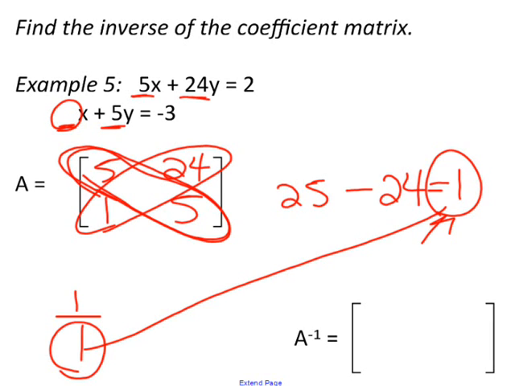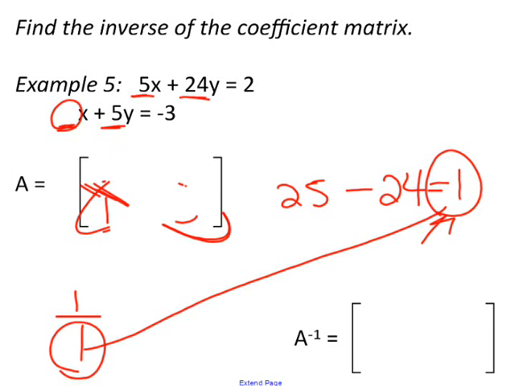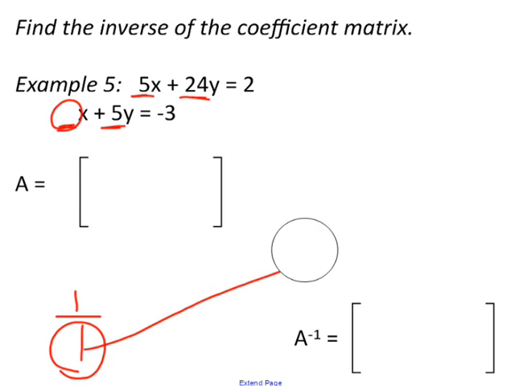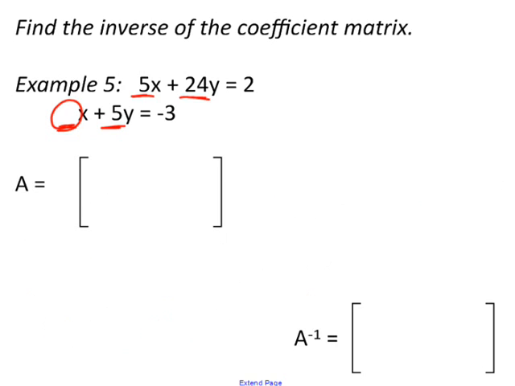Okay. I'm going to clean this up a little bit with a bigger eraser. Okay, 5, 24, 1, 5, and we have 1 over 1.